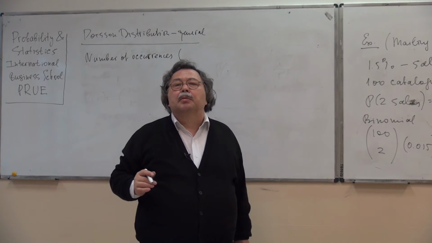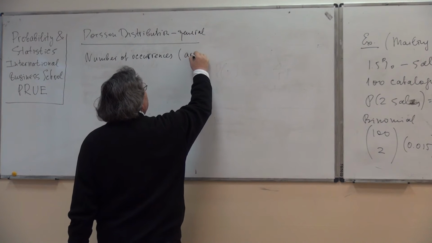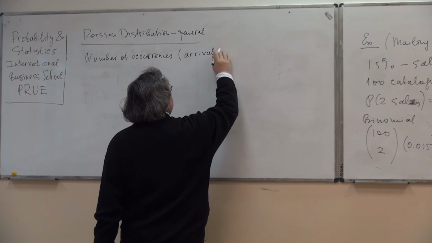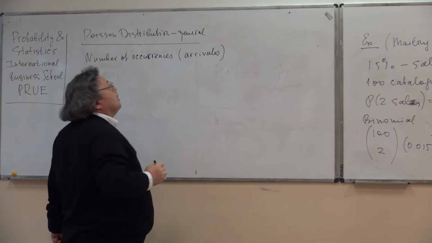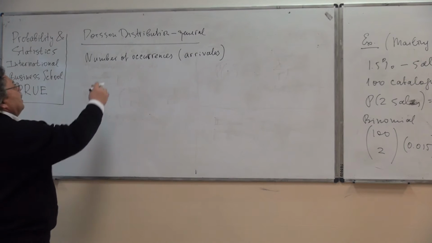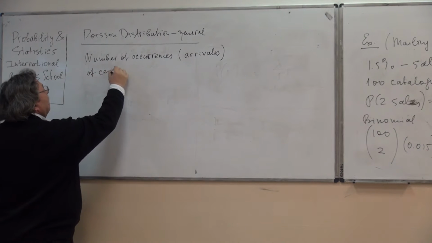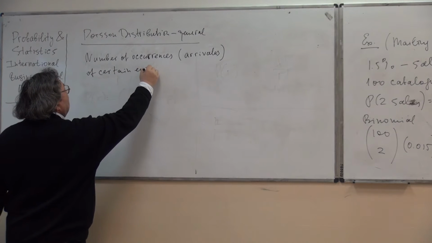There is an accepted term here. These occurrences of this observed event are called arrivals. So when we use Poisson distribution, this word is conventionally used.